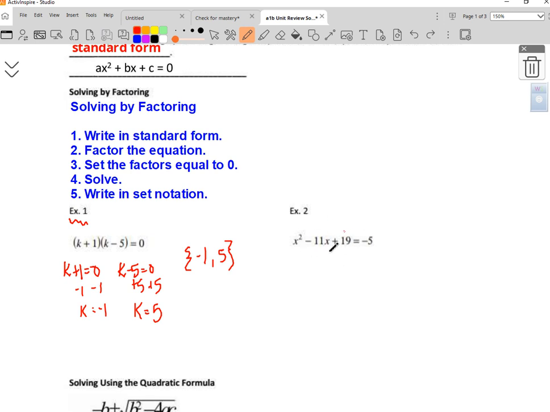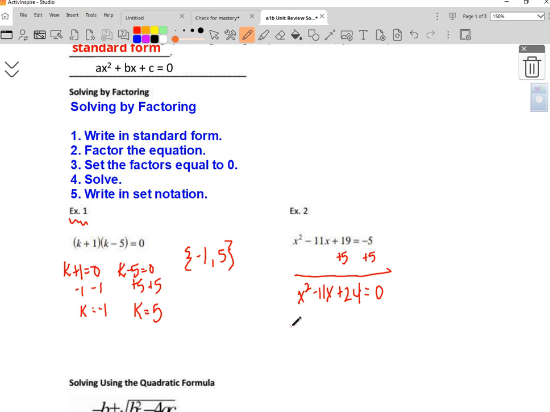So here, I've got to get rid of this negative 5. Plus 5 to both sides. So x squared minus 11x, this is a constant, so it gets added to that constant. x squared minus 11x plus 24 equals 0.